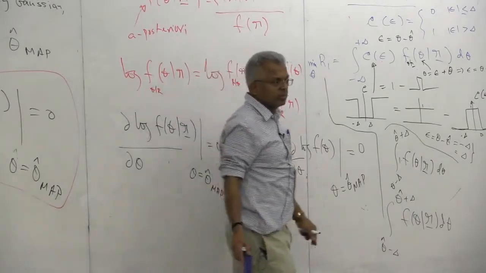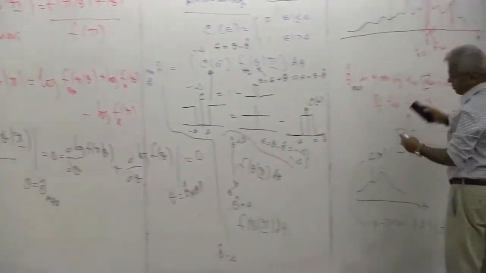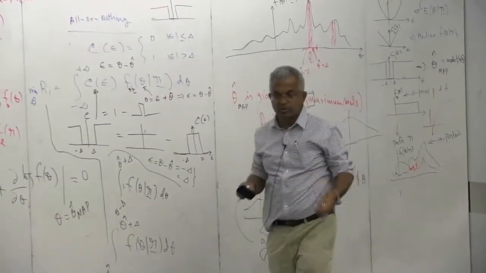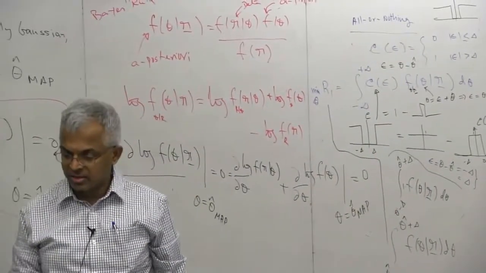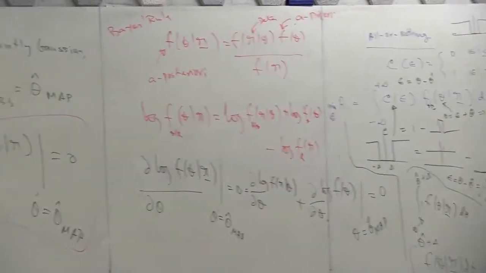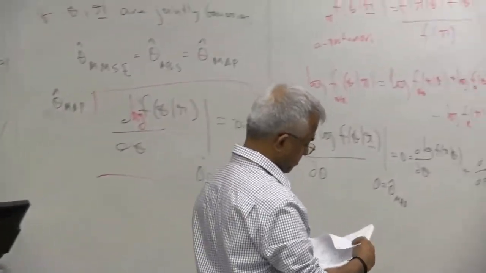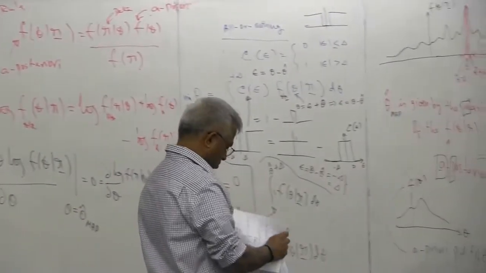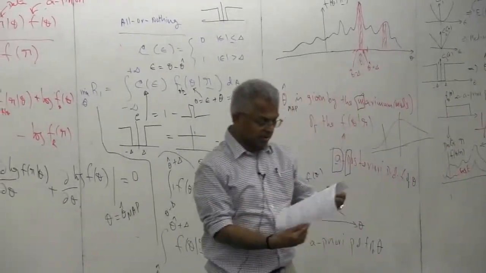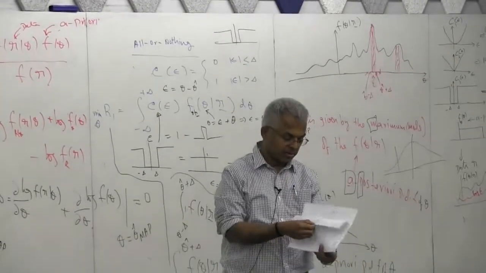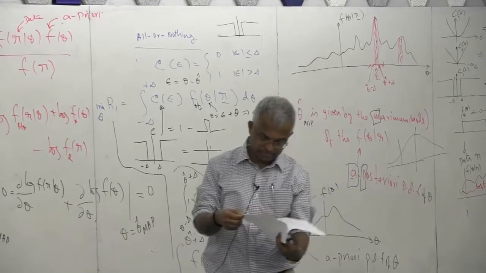Let me do an example, then everything will become clear. I have actually done this example for you as notes. I wrote it very fast, but something is better than nothing, right? I have done both MMSE, and you have seen this problem in the detection case.